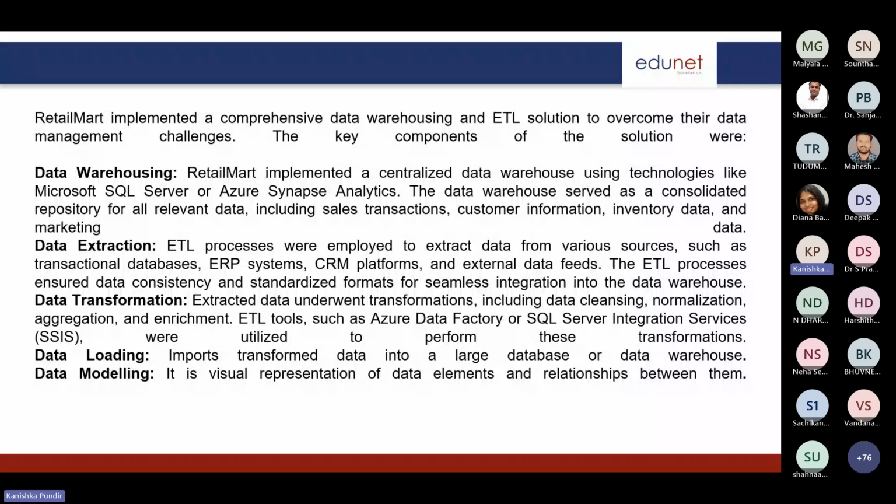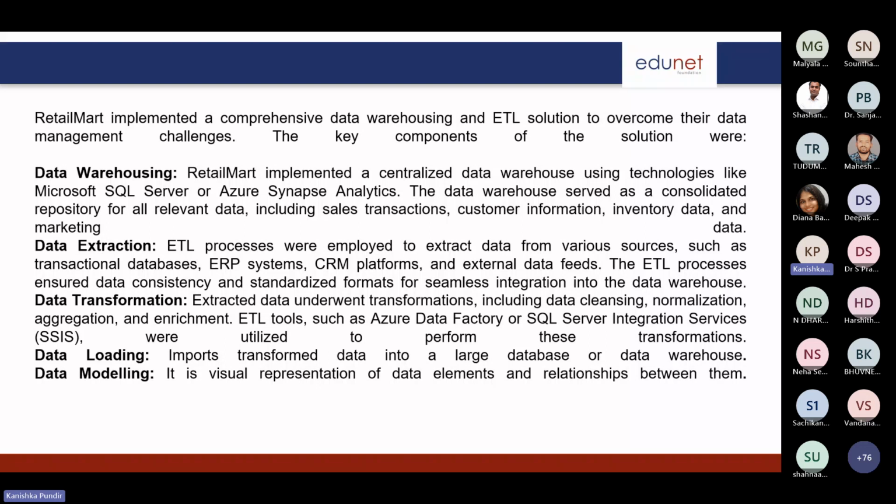So data loading, after the transformation and extraction happens, data is loaded to a large database or data warehouse. That is what completes the ETL process. And data modeling is then started. Data modeling is started at the second stage of the data warehouse.